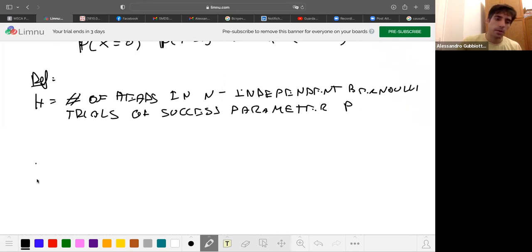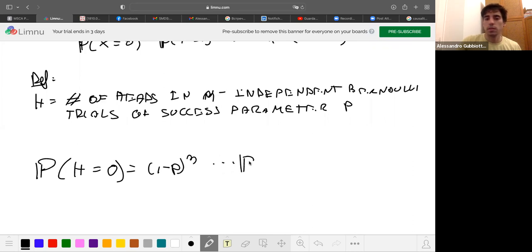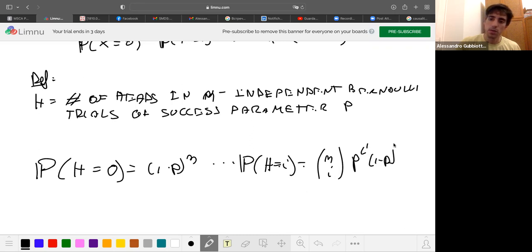then the probability that h is equal to 0 is equal to (1 minus p) to the power n, the probability that h is equal to i is equal to the binomial coefficient n choose i times p to the power i times (1 minus p) to the power n minus i, and the probability that h is equal to n is equal to p to the power n.